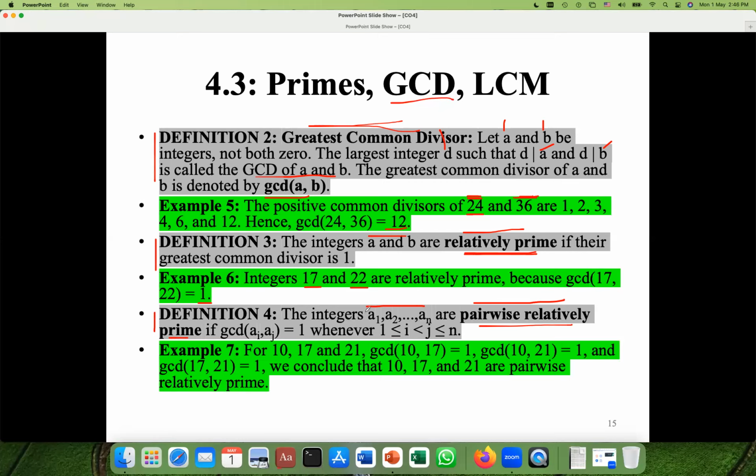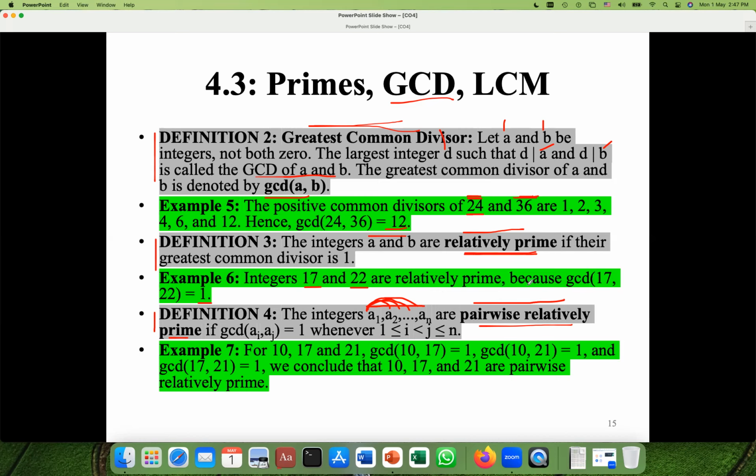Then you have to make their pairs first: A1 with A2, A1 with A3, A1 with A4, A1 with A5 and so on. And similarly A2 with A3, with A4, with A5, like the permutation that you already did in your earlier classes.